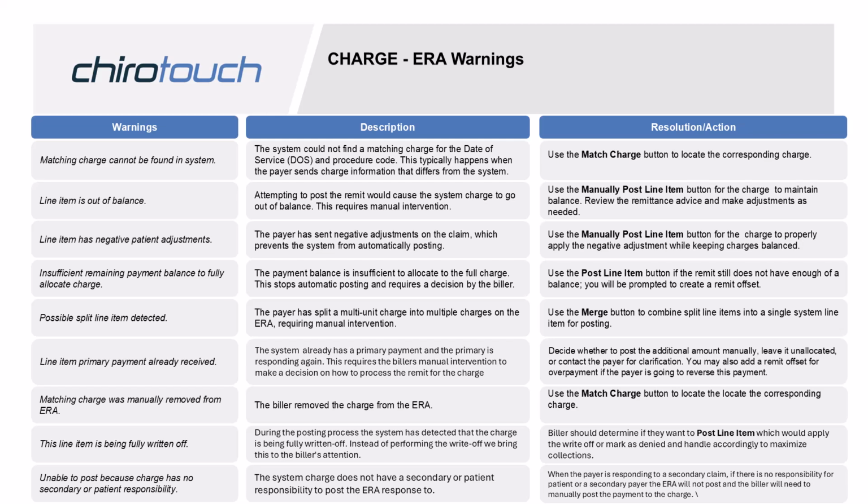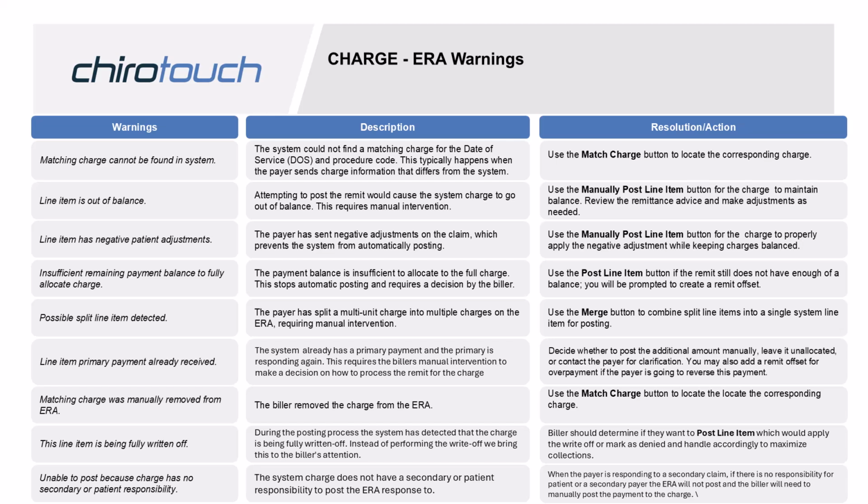So there was an adjustment to a previous remit and they're passing it over to this one, and they're not paying you the full amount, but they're paying for that particular charge. What we're implementing is a post line item button if the remit still does not have enough of a balance, and you'll be prompted to create what's called a remit offset. And this is something I'll show off in our sneak peek coming soon.